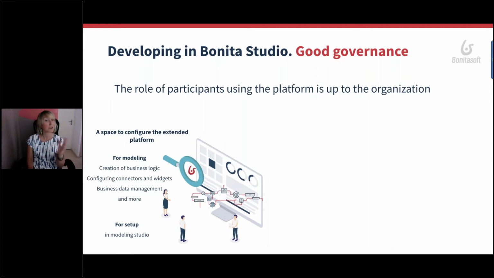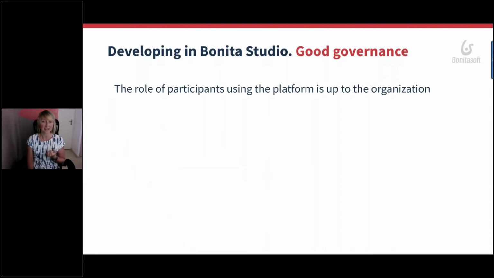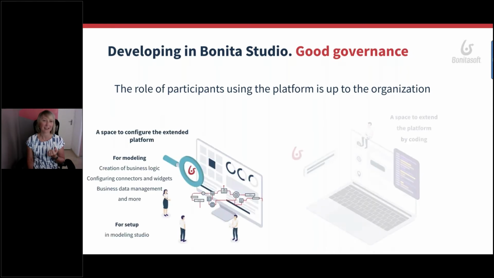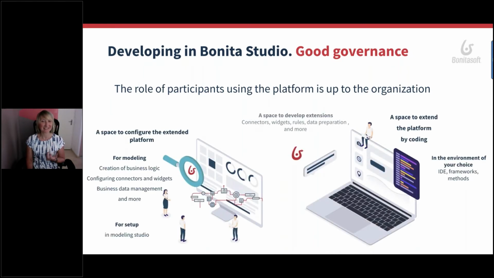Then, if we talk about the extended platform, of course, we have the extensions. And in order to make sure those extensions can be developed properly and efficiently, we give an entire space to developers to extend the platform by coding. So how do we do that?